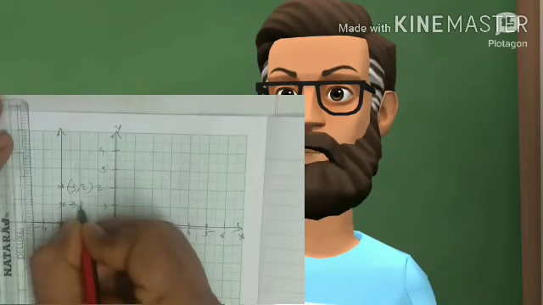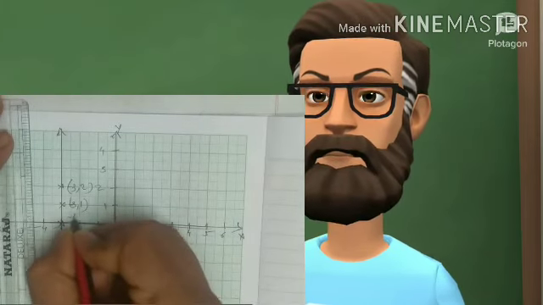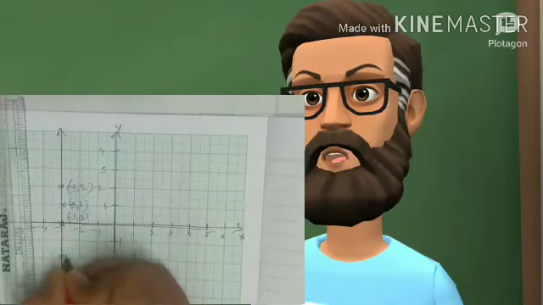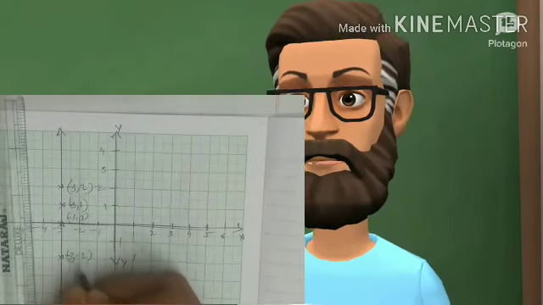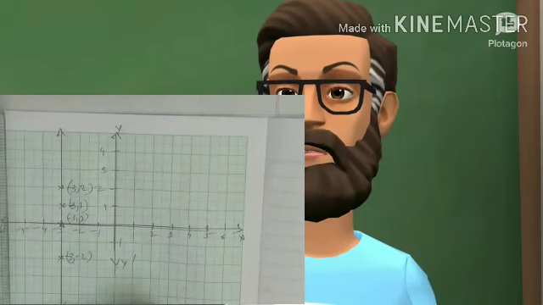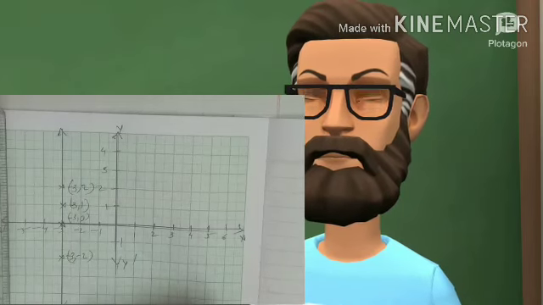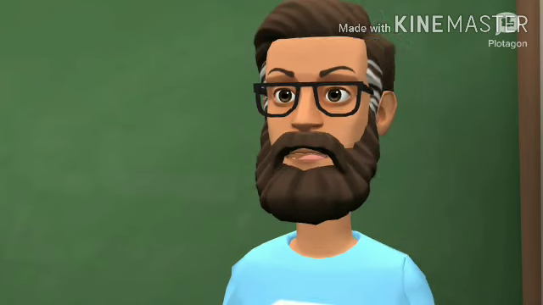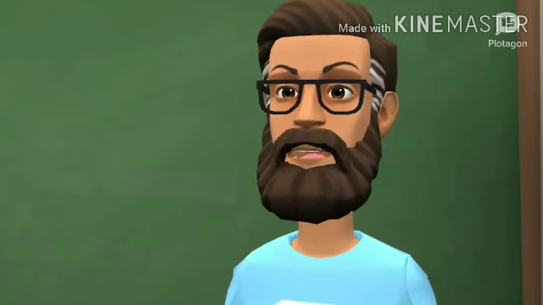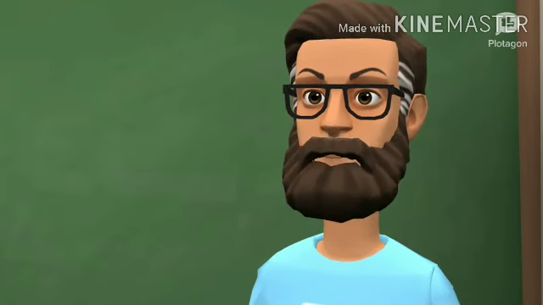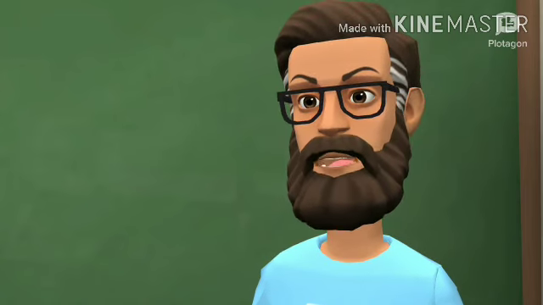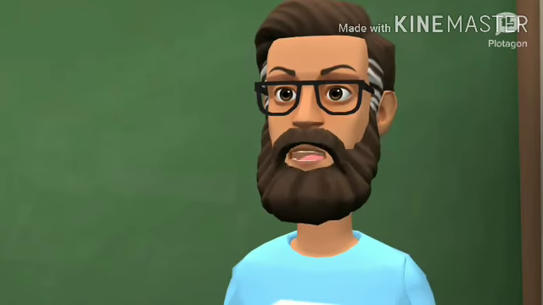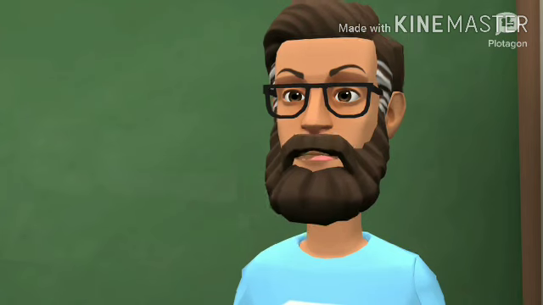Once we have the points, let's join them. What do we get? We get a straight line that is parallel to the y-axis. That means if we plot the graph of a linear equation in x only, then we get a line parallel to the y-axis.